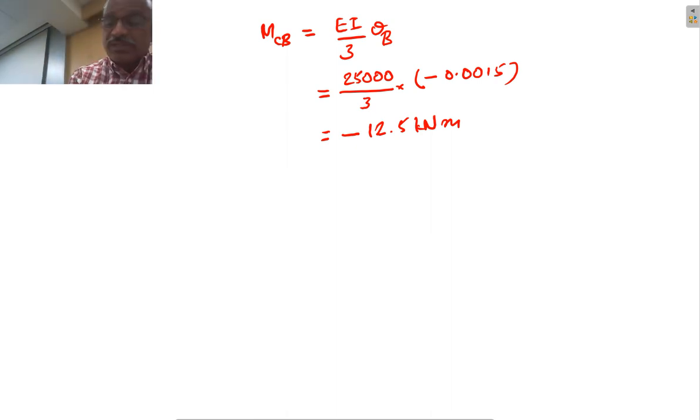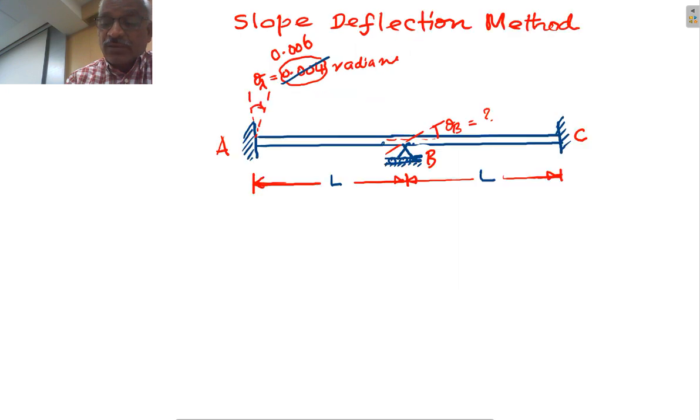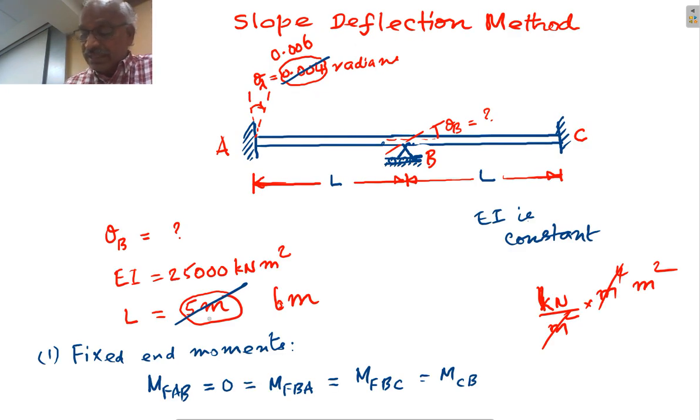Now before proceeding further, I will just give you the answer for the GATE question. In the GATE question they have taken L as 5 meters and theta as 0.004 radians. We have taken 0.006, and L as 6 meters instead of 5 meters. So that you will be able to compare the values and have some satisfaction.